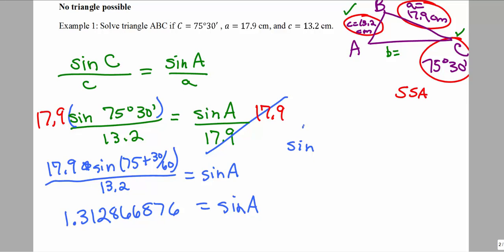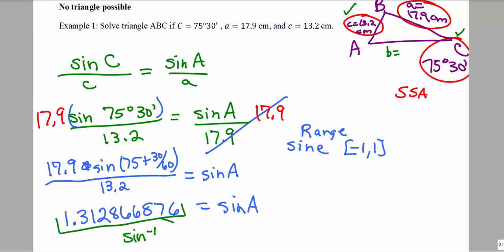We know that the range of sine, the output values for sine, are only allowed to go from -1 to 1. So this is out of the range for what the possible sine values of any angle could be. So when we put this into our calculator, we should expect that the calculator is going to tell us that this is not possible.